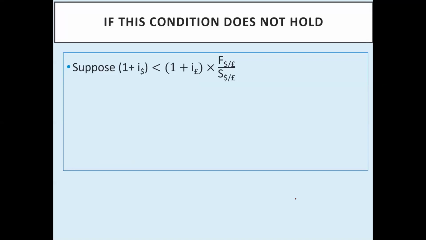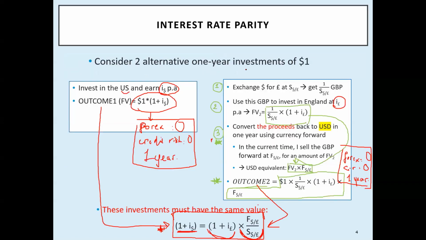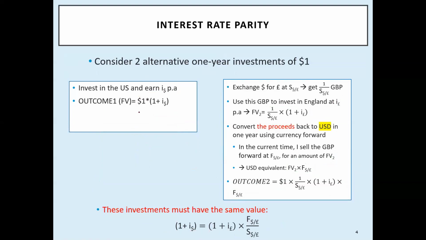So for example, suppose that the left-hand side of the equation is less than the right-hand side of the equation, okay? So in this case, if we go back to our investment options before, what happens is I will earn less if I invest in the US, and I will earn more if I invest in the UK, okay?